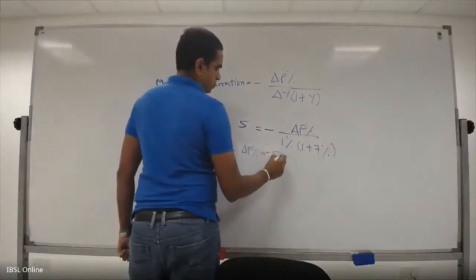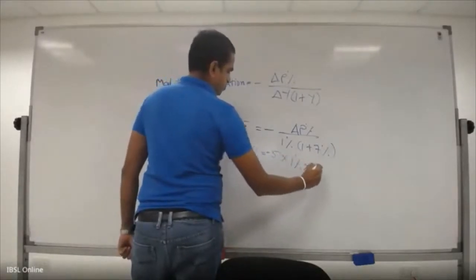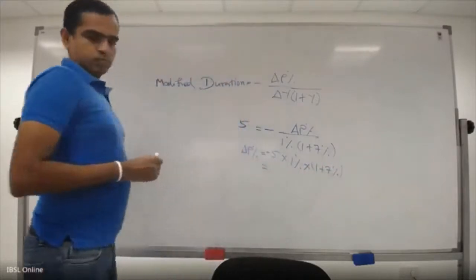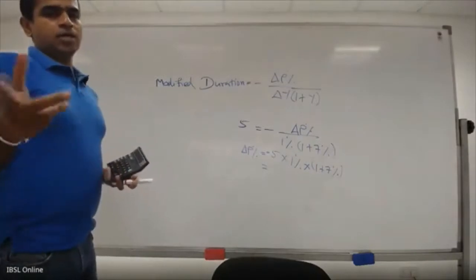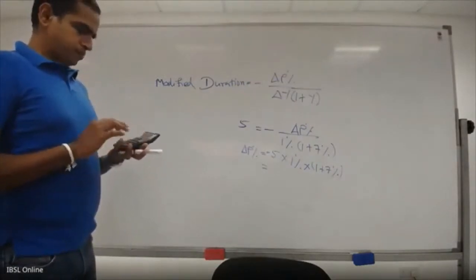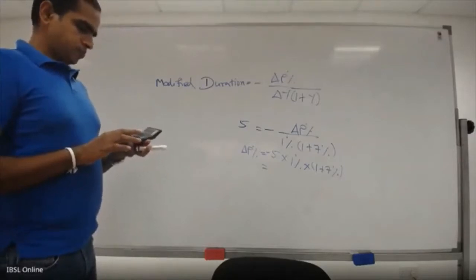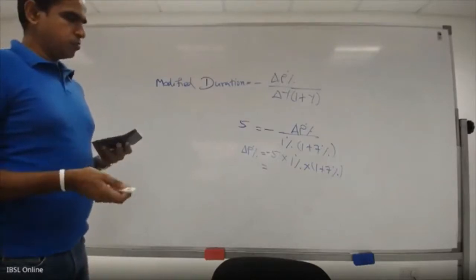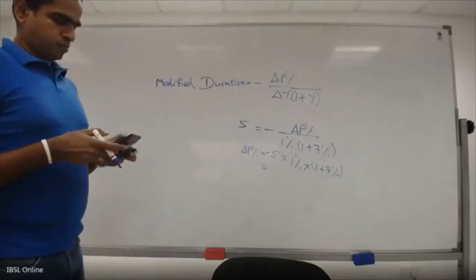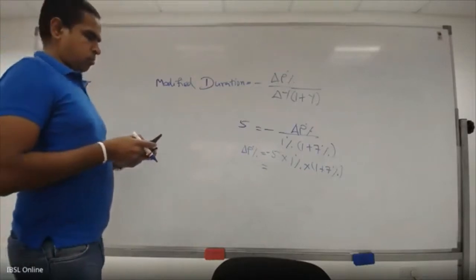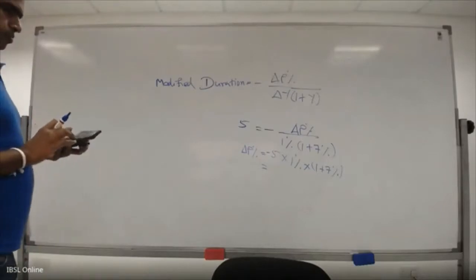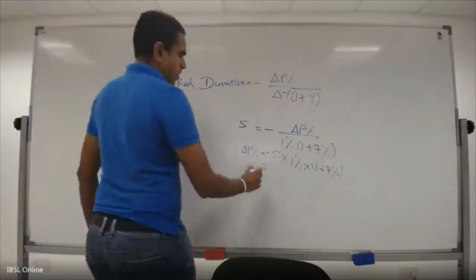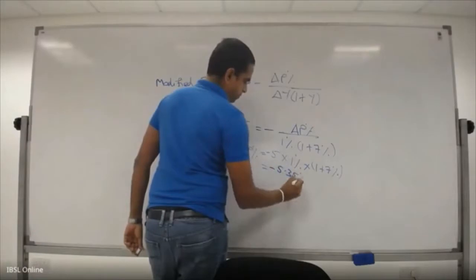The negative sign will remain. Right. Since the yield is going up, obviously the price has to drop. It will drop by 5.35%.